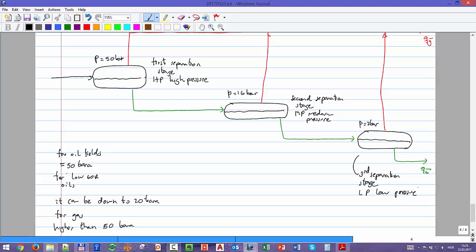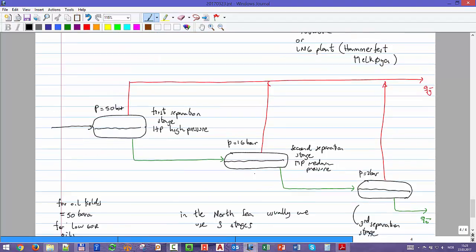Usually in the North Sea we use three stages. More or less, typical three separation stages.